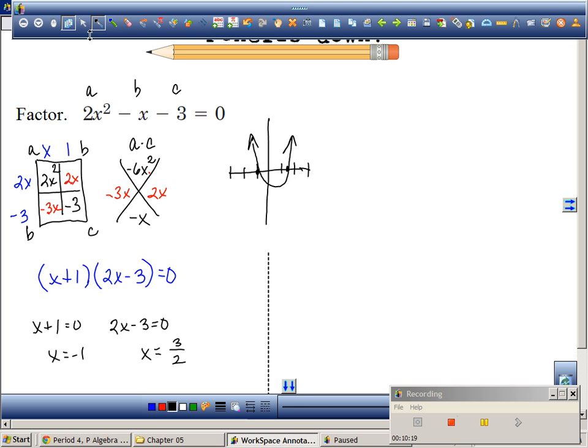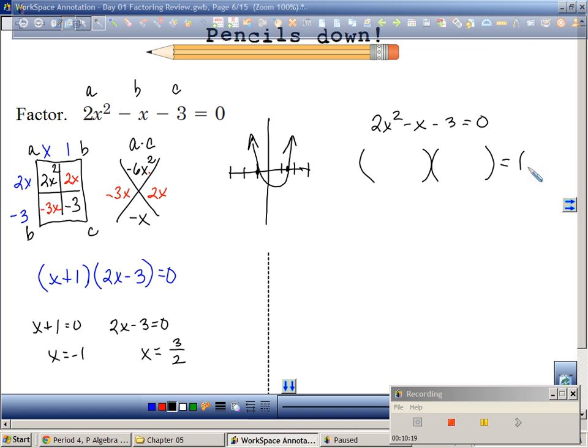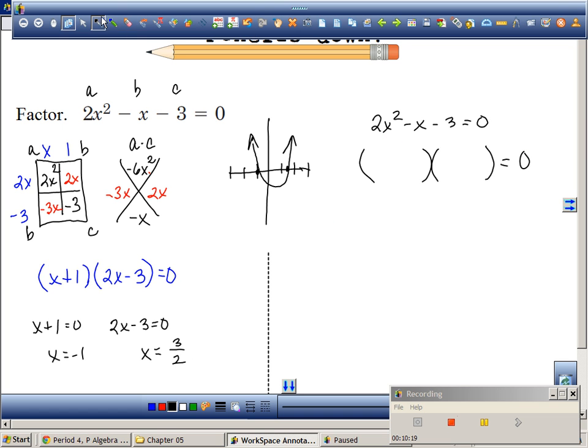All right, I'm going to do it with the rainbows and checks method, is what I call it. So if I have 2x squared minus x minus 3 equals 0, and I consider my first. Here's my first. This is where my first has to be.